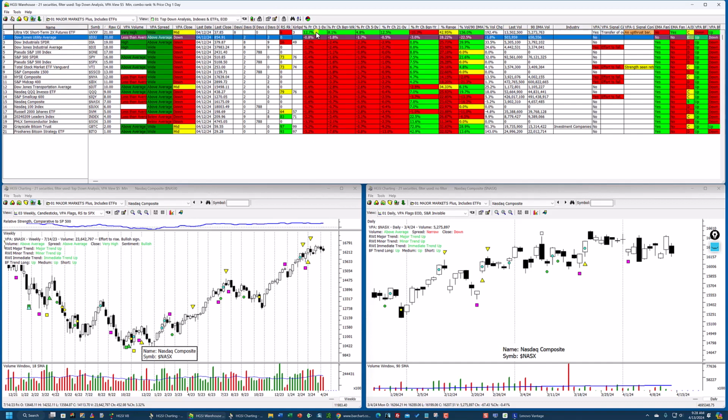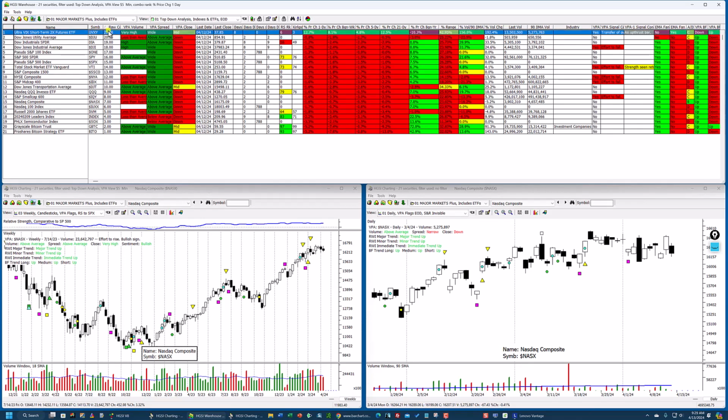You can see that the UVXY was up 12.7% in one day, 8.1% from the beginning of the week. And over the 5 days, you can see it was up 4.8, and 21 days up 12.5. So the bulk of this change came today.